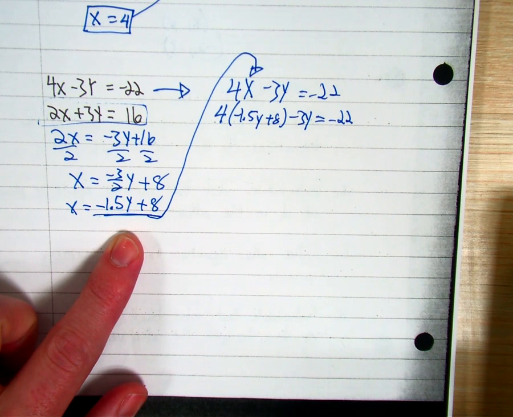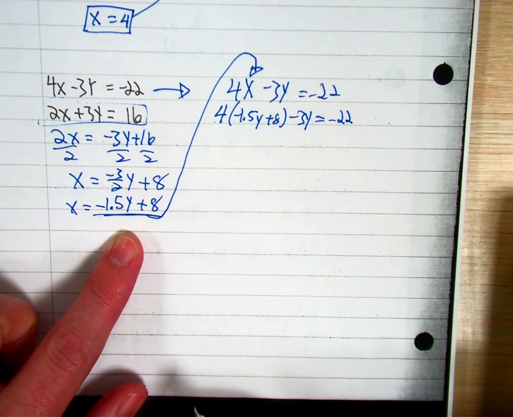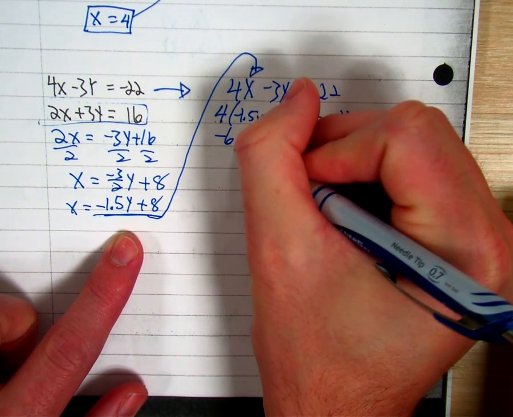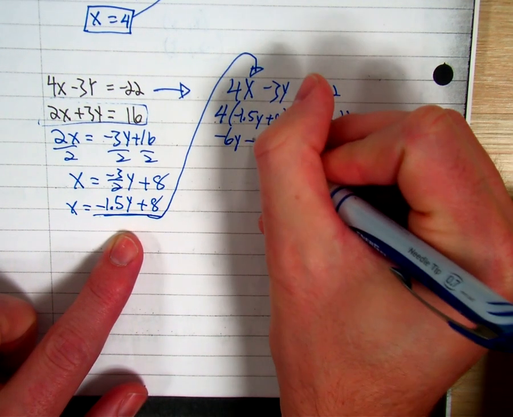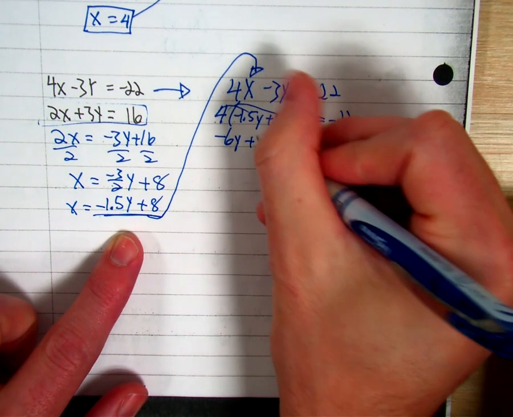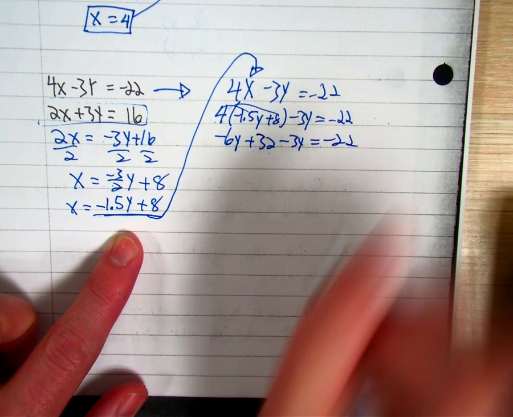Okay. 4 times negative 1.5y would be negative 6y, plus 4 times 8 is going to be 32, minus that 3y there.